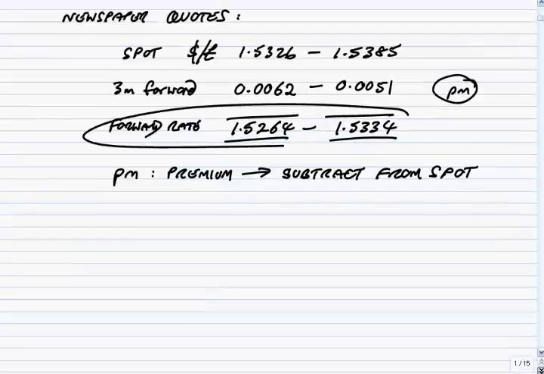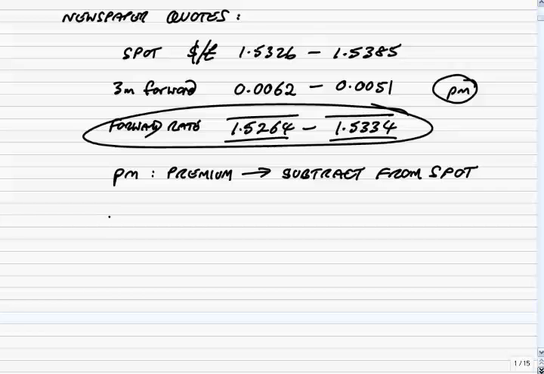Once you've got the forward rate, it's just like example 3, the one above. The amount, how much was it? We're going to receive $150,000. Here it's $1.5 to the pound, so divide by the relevant rate. And because we're receiving it, to convert to pounds, we'll sell dollars to the bank.